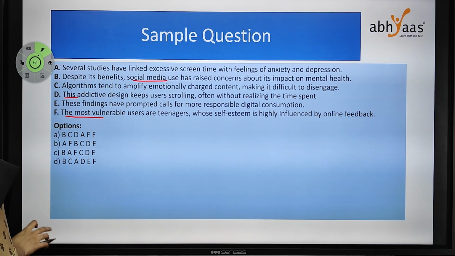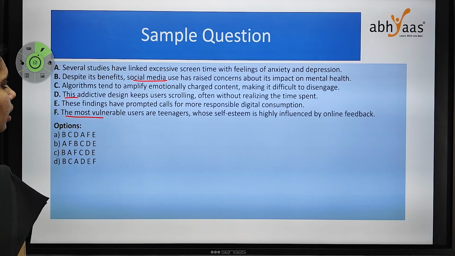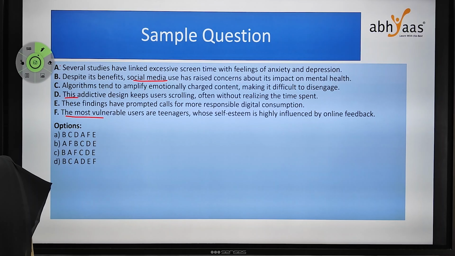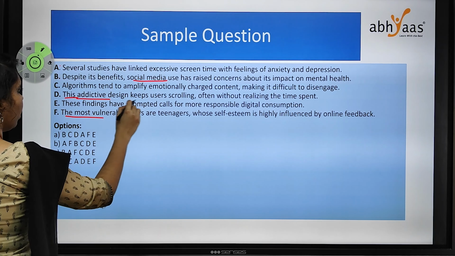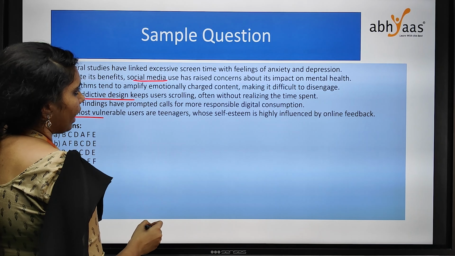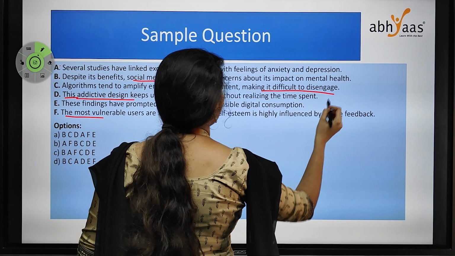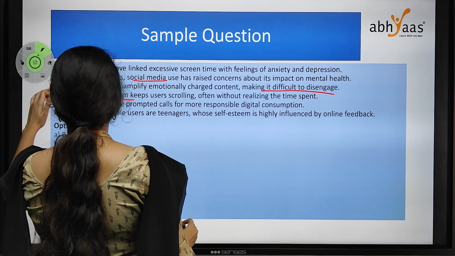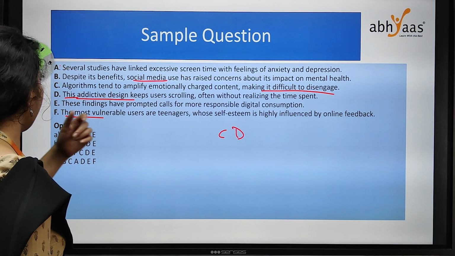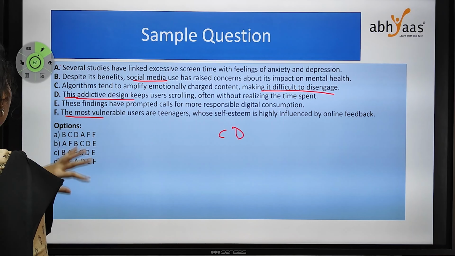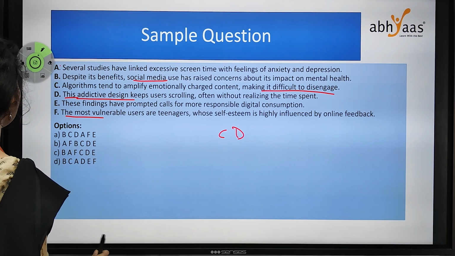Okay, here we are discussing social media. This addictive design. Okay, what is the addictive design? Algorithms tend to amplify emotionally charged content, making it difficult to disengage. So C and D builds on C, so they would be a logical pair here. Several studies have linked excessive screen time with feelings of anxiety and depression.